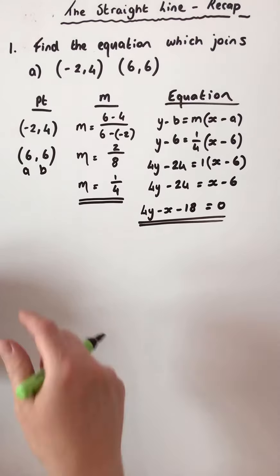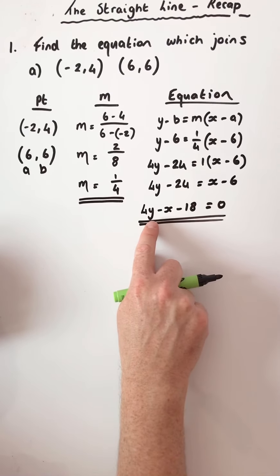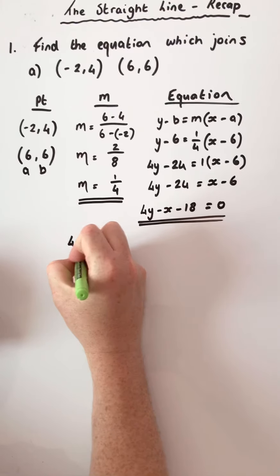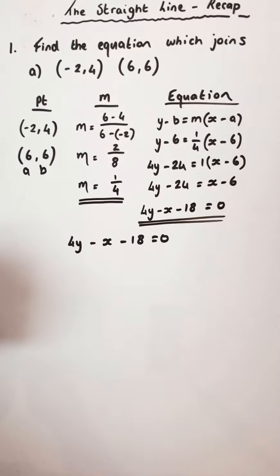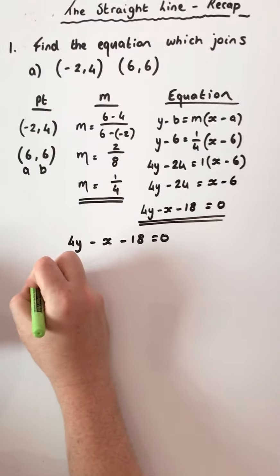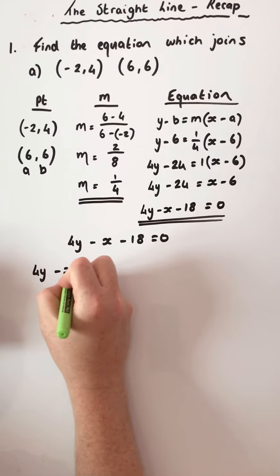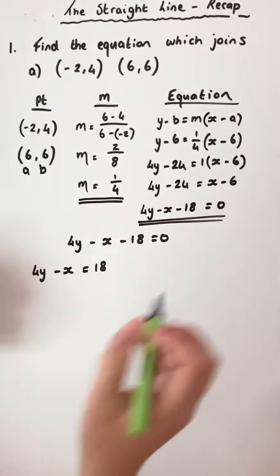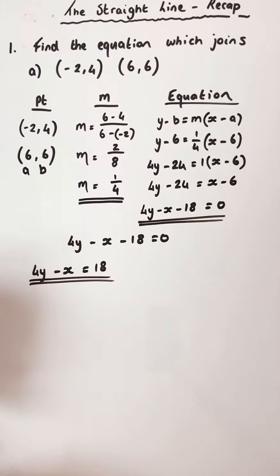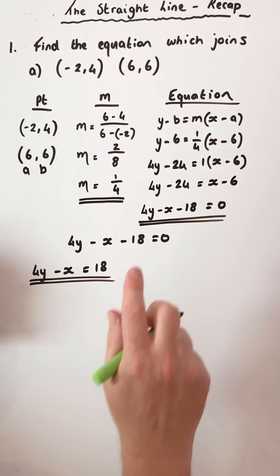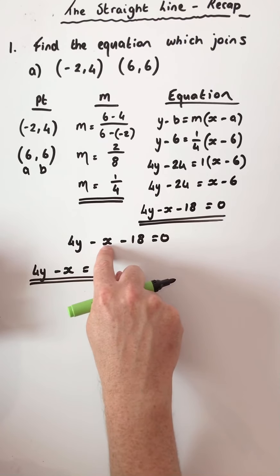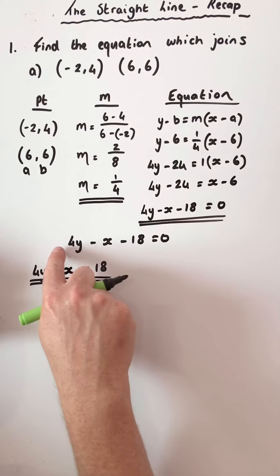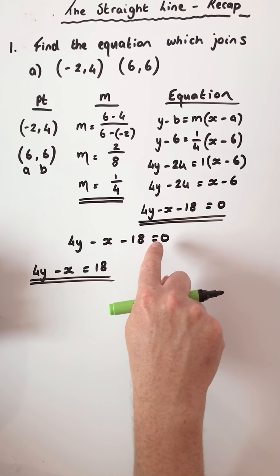Since we're doing a recap, acceptable variations would be 4y minus x equals 18. That's simplified, that's perfectly fine. If you wanted it in the form ax plus by plus c equals 0, then we would have to invert all the signs, so we can multiply all that through by negative 1.